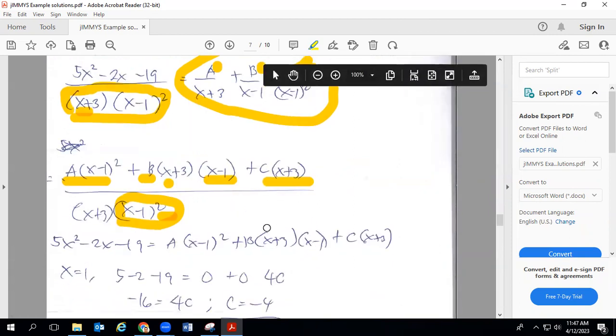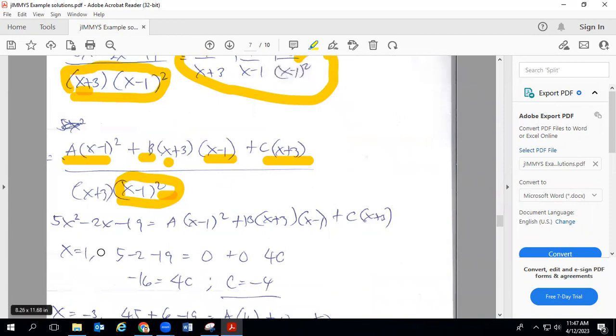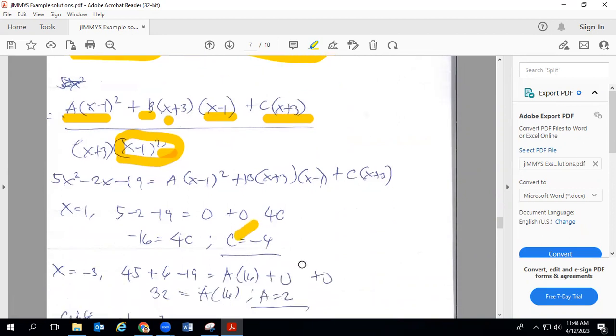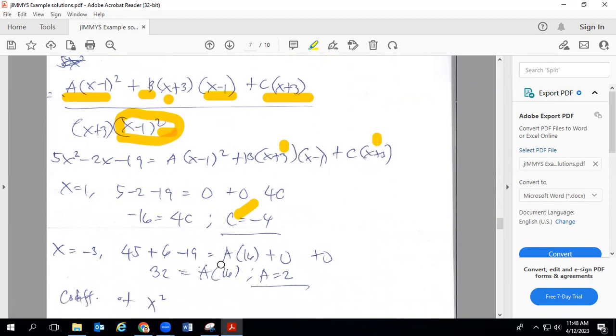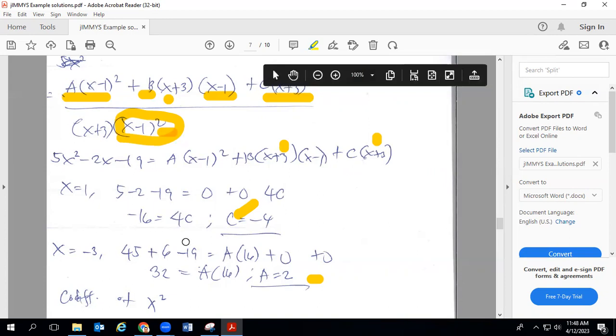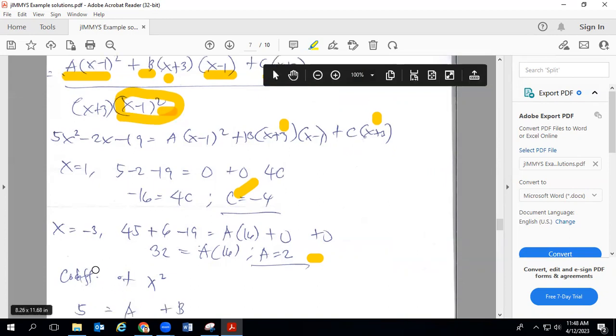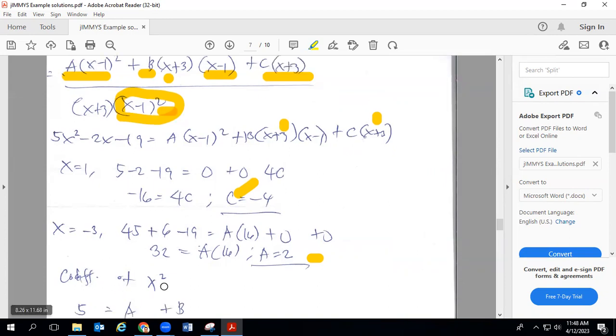Okay, from here, you can also assign values of x. Obviously, if you have x equal to 1, this will give you the value of your C. Okay, and then if you have x equal to -3, this will cancel out also this one. You can come up with the value of your A. And now, for you to get the value of C, you can also get the coefficient of, let us say, x squared.